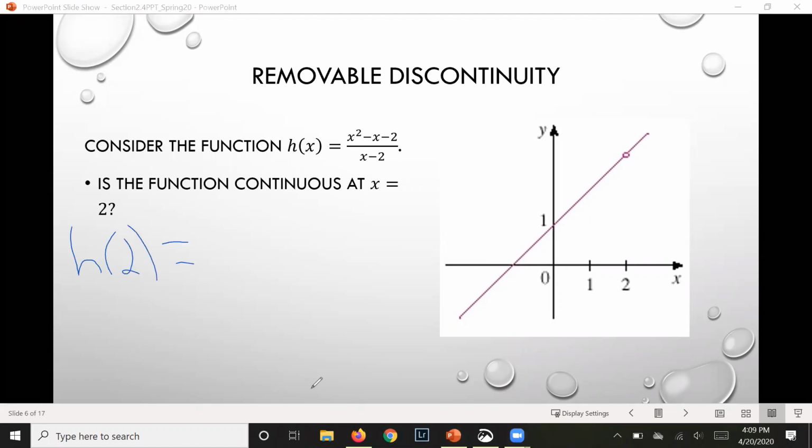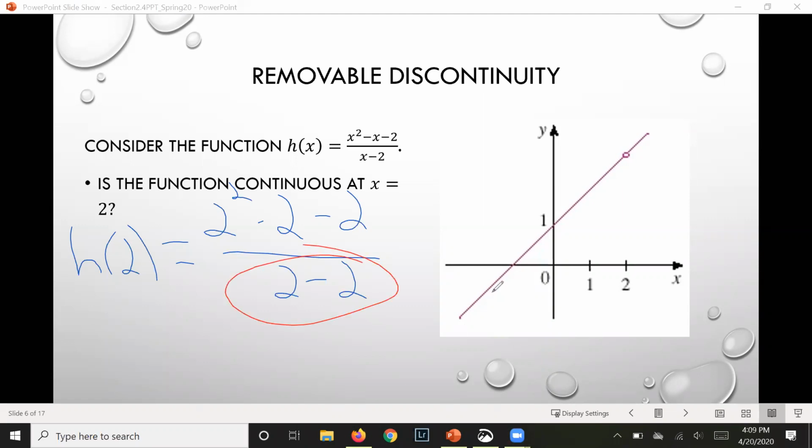If I plug 2 into this function, I'll have 2 squared minus 2 minus 2 all over 2 minus 2. Hopefully almost immediately you see a problem down here in the denominator, right? If we do 2 minus 2, we'll be dividing by 0, which is not allowed. So that means h of 2 does not exist, right? So therefore, that would fail the first criteria for something to be continuous. So we know then that the function will not be continuous at the value 2.